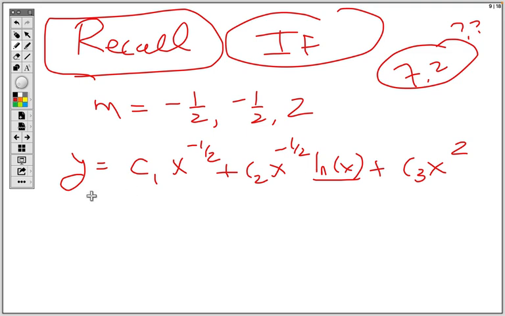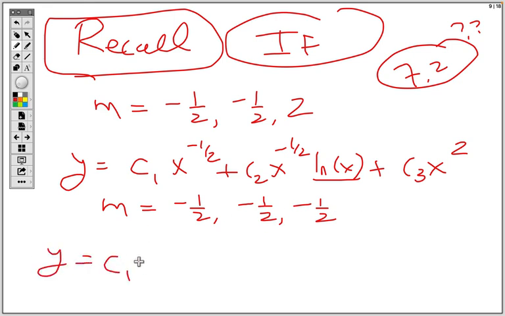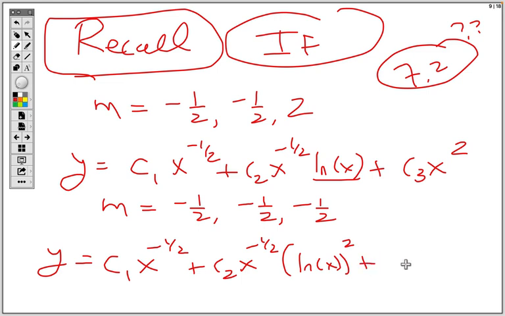If we had, say, all of them were that, you eliminate duplication by tacking on factors of natural log x. And you could either get that by doing a reduction of order or by doing that substitution.